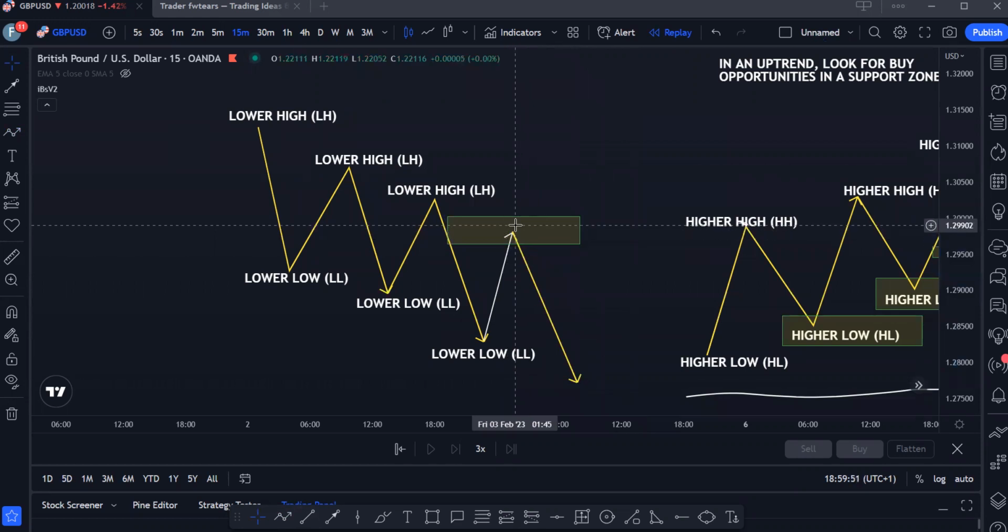And then, of course, yesterday, we also talked about validation. What validates a support and resistance? Can somebody tell me what we talked about yesterday about validation? How do we validate a support and resistance zone? Please type it in the chat box.